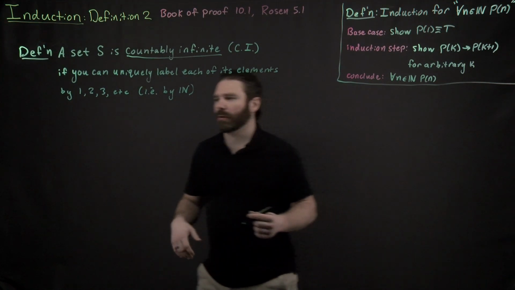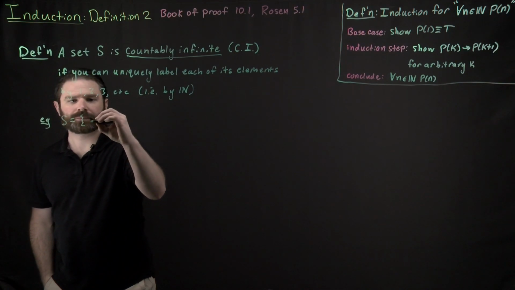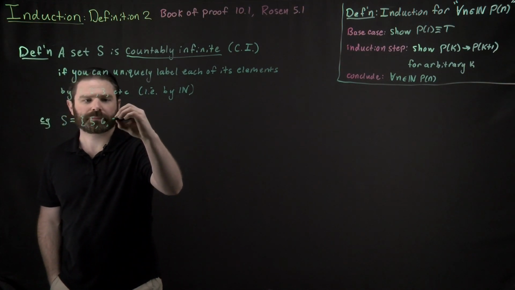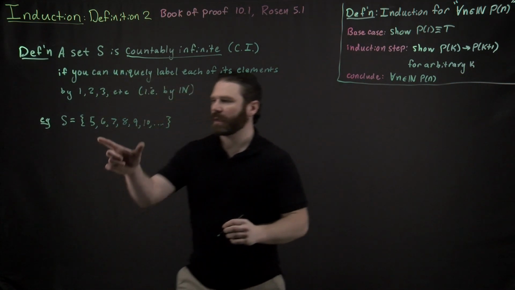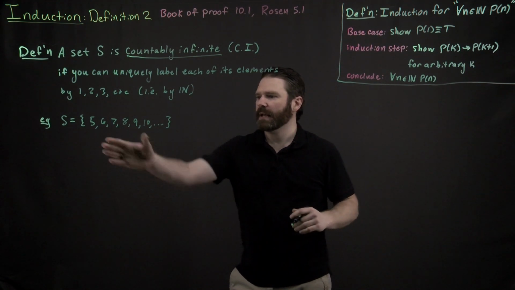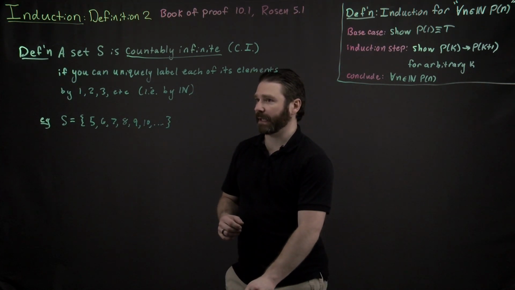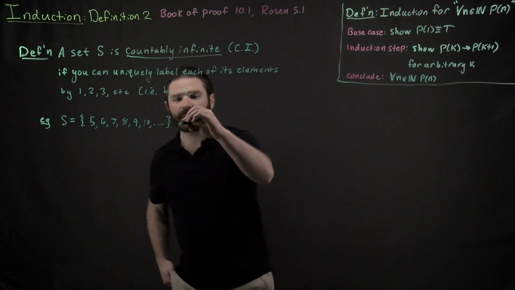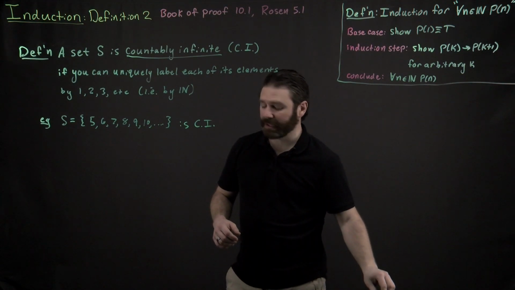So, for example, this set right here: 5, 6, 7, 8, 9, 10, etc. In other words, all natural numbers bigger than 5. This is countably infinite. Why is this countably infinite? Well, because it's pretty easy to label these things, right?